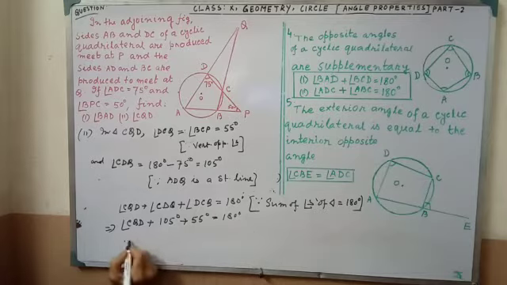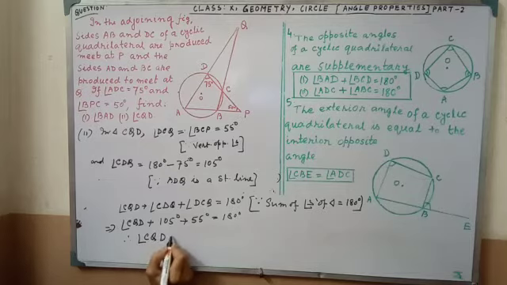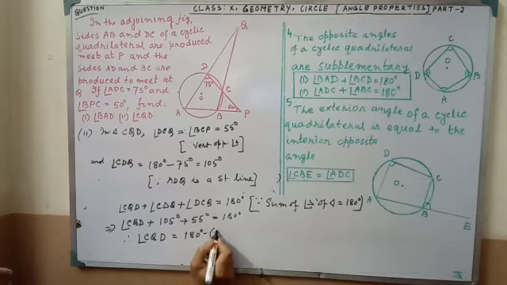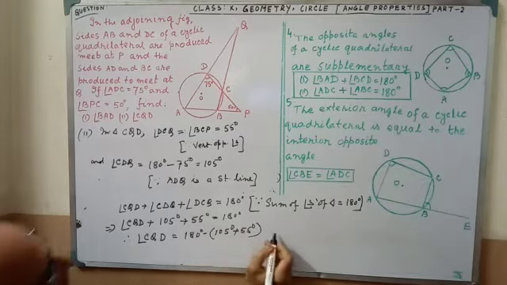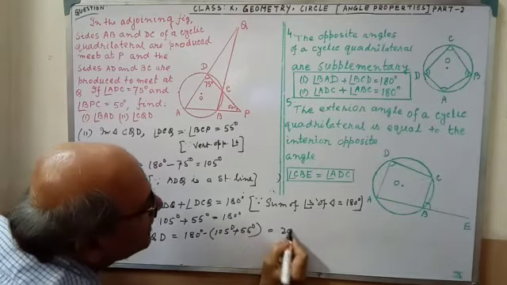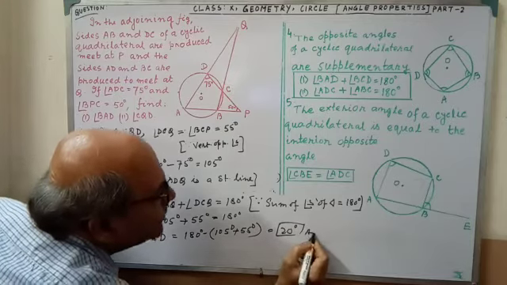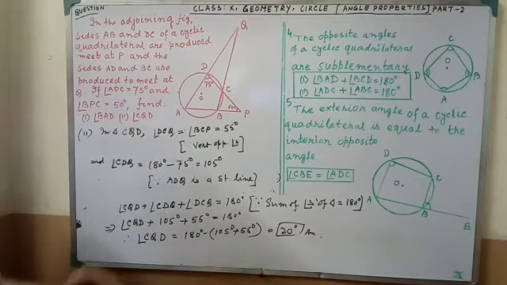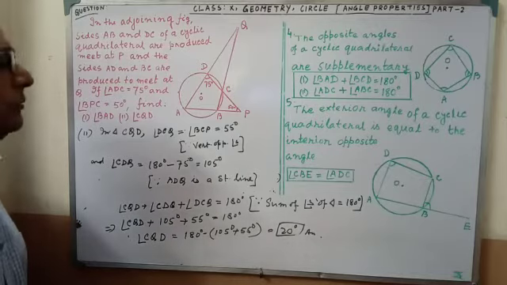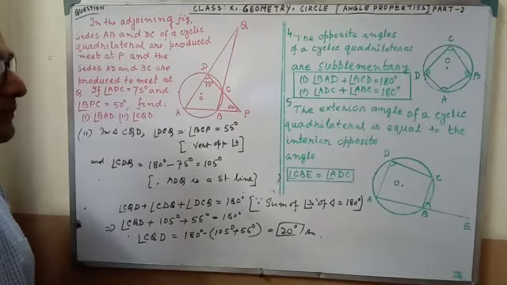Therefore, angle CQD equals 180 degrees minus (105 degrees plus 55 degrees) equals 20 degrees. This is the answer. Second, after this, if you do, then you will get full marks on this sum.